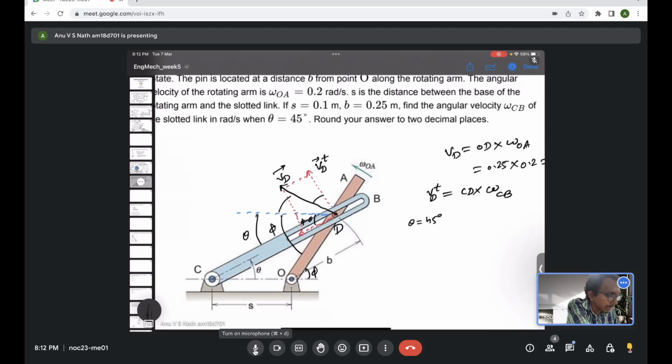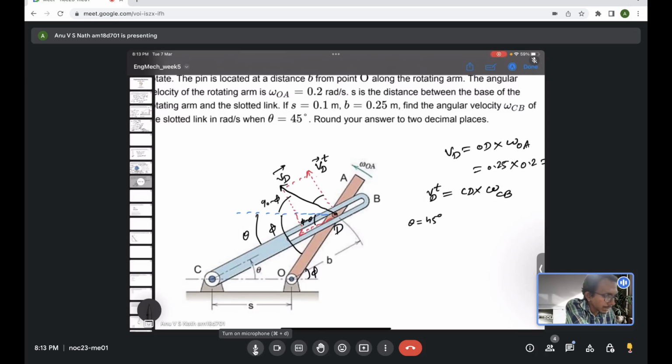Because the vector VD is normal to the line OD, so the total should be 90, and this angle should be 90 minus phi.